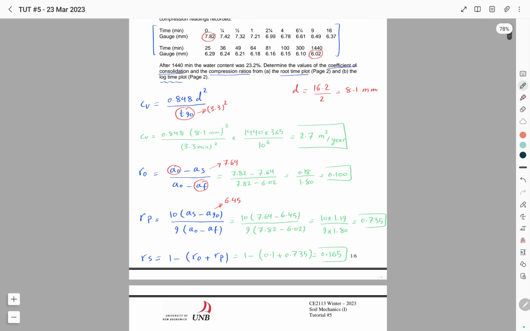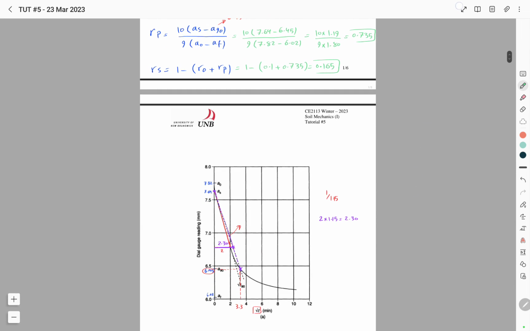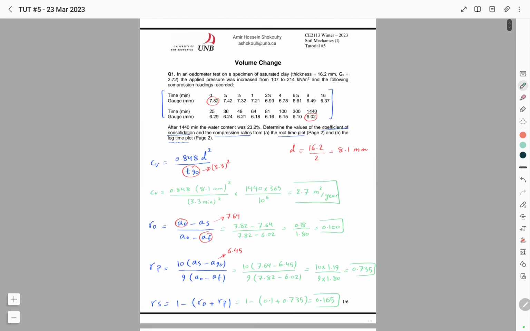So we determined all the values using the root time plot, and now we can go determine the same values using the log time plot.